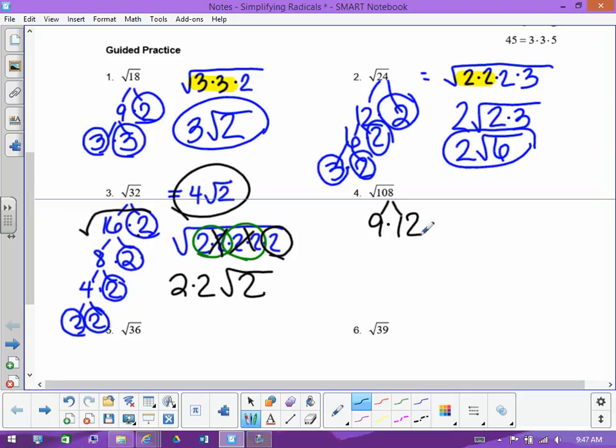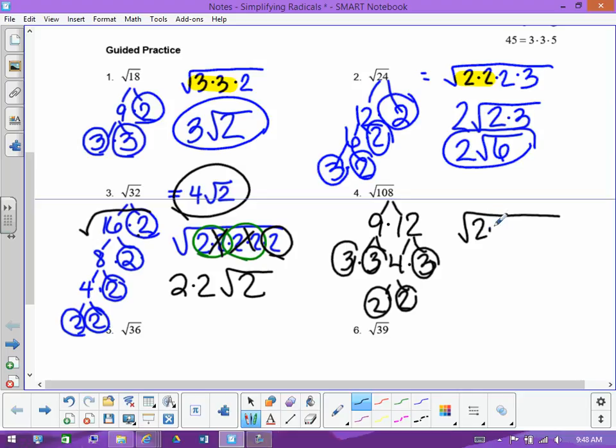We could have said 36 times 3, get straight to our answer. But if we break this down, we have 3 times 3. They're both prime. 12, we have 4 times 3. And 2 times 2. No matter what you start with, you should end up with that same set of numbers. If you multiply these back together, you're going to get that. I'm missing the 2 somewhere.